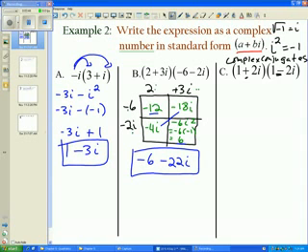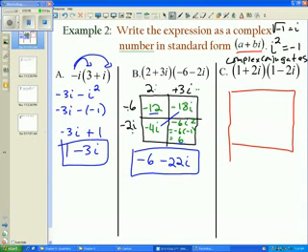So when I multiply this out, I need to know that my answer should just be the real part, just a real number. Again, if I use the box method, up at the top I put 1 plus 2i. On the left, I put 1 minus 2i.